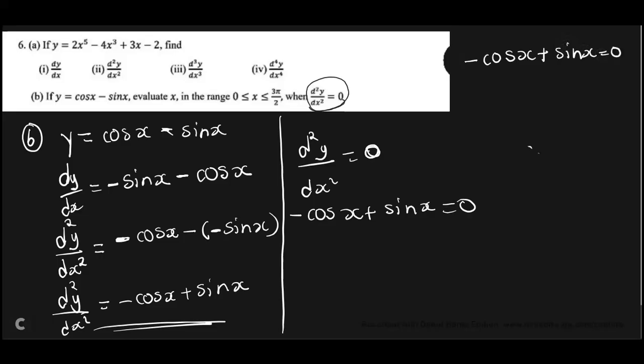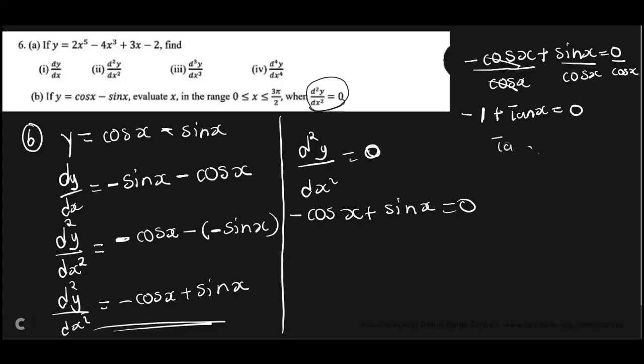Then we can solve that by dividing everything by cos. Why are we doing that? In order to come up with the correct equation. So your answer will be negative 1 plus tan x equal to 0.